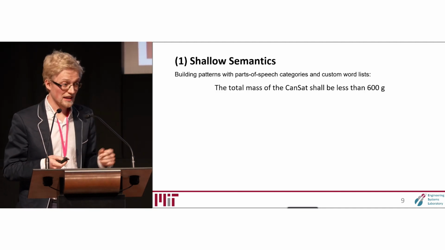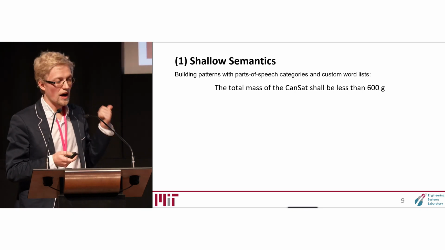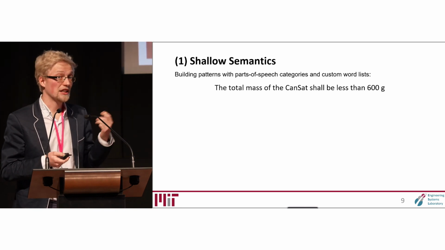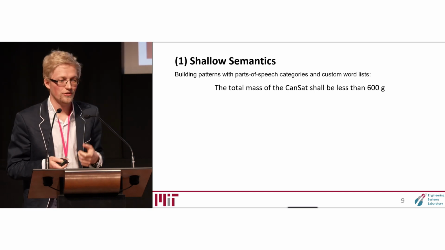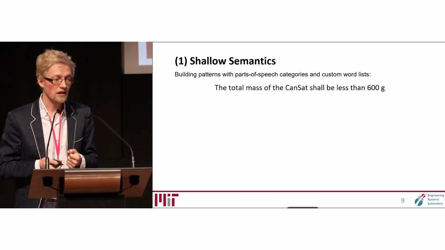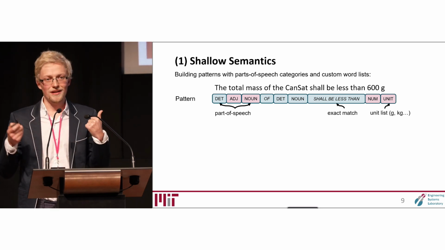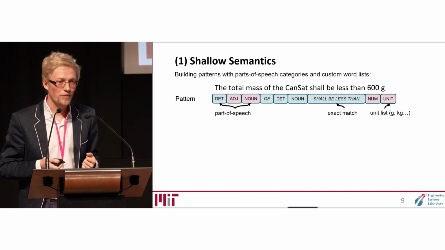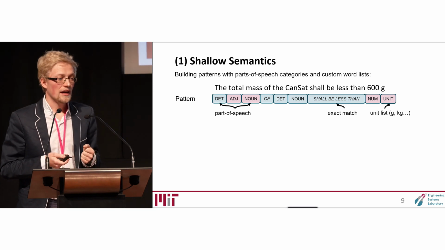And so I'll give you an example to be more specific. We take a requirement and we build a pattern that matches underlying information. And the pattern, we can build it with the building blocks of exact words or matches or based on lexicons. It can be based on parts of speech. And these are the word categories that you're familiar with from school, probably, like adjectives, verbs, nouns, and so on.